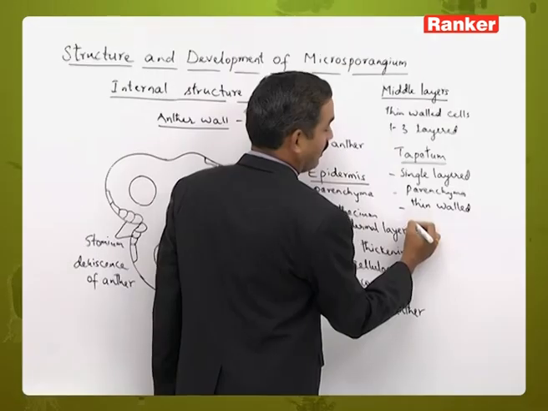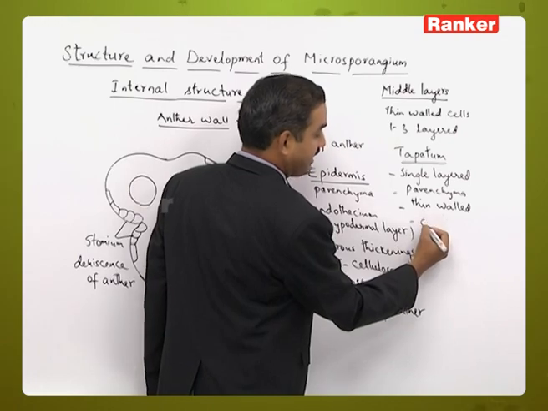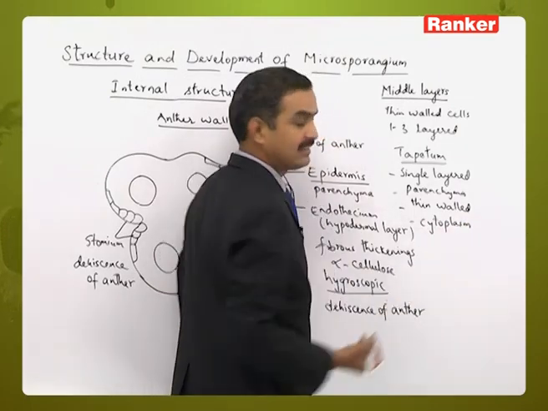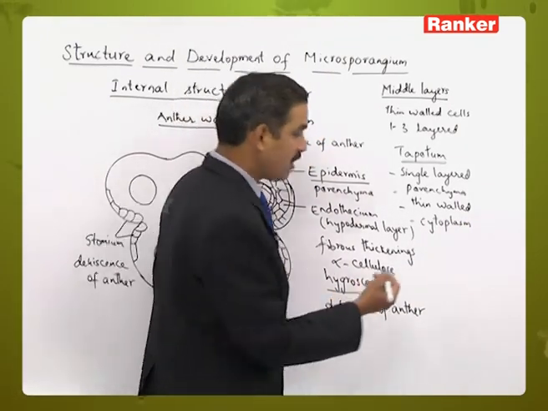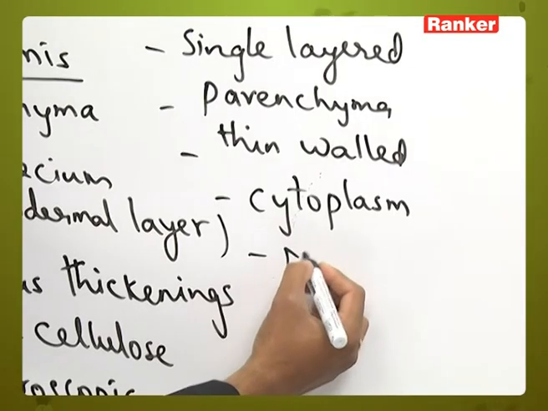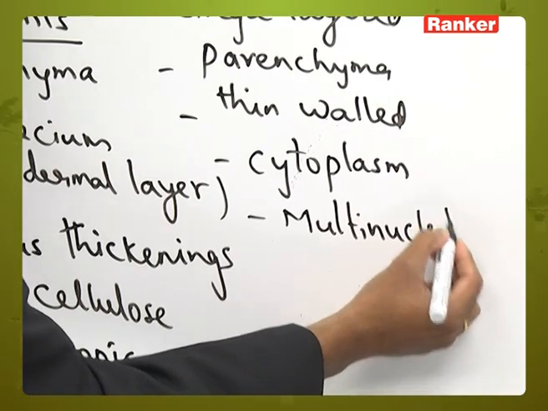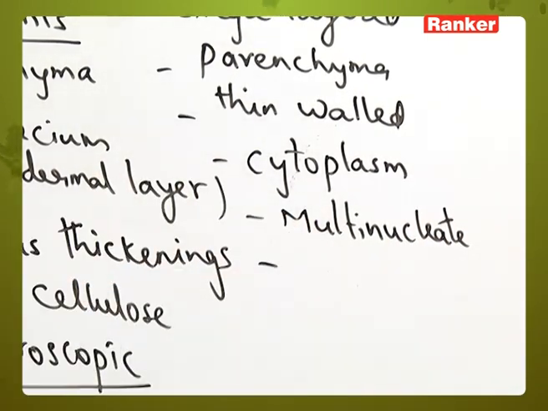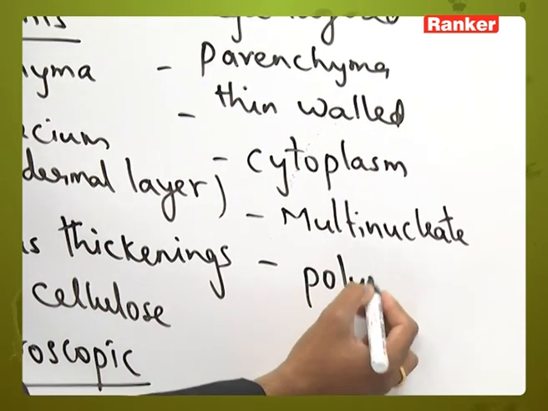Tapetum cells contain dense cytoplasm; we can say thick cytoplasmic contents are present. Along with that, sometimes they may exhibit a multinucleated condition, or instead of this multinucleated condition, they may also show polyploidy.